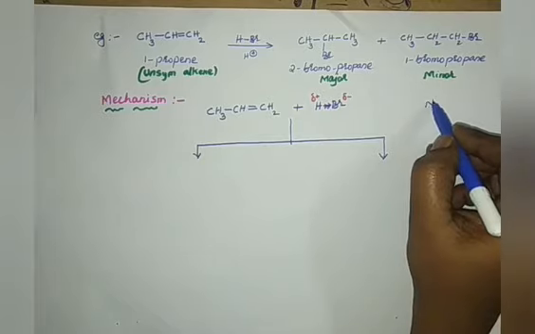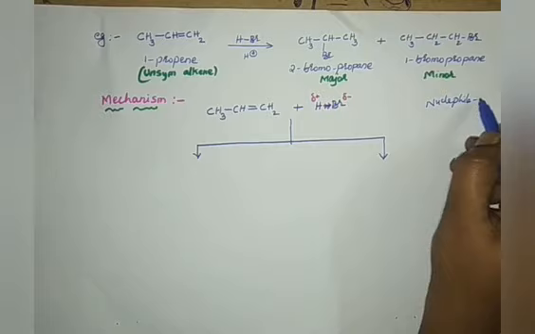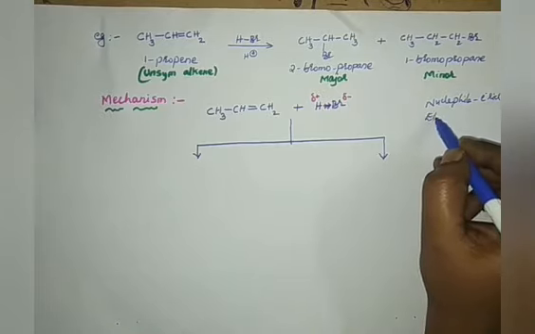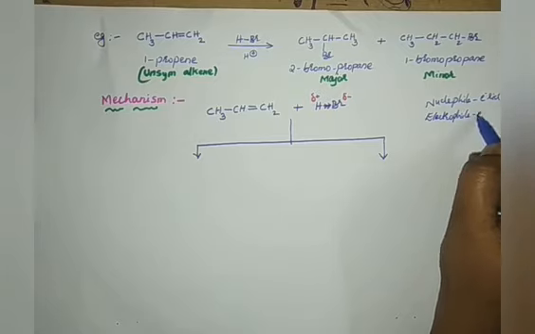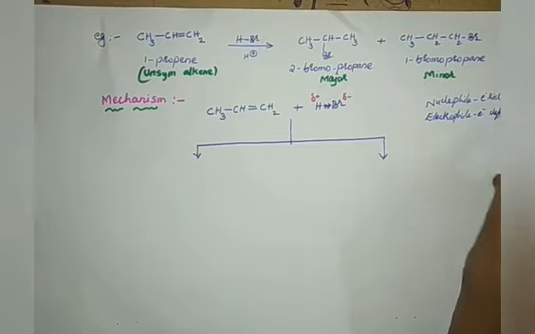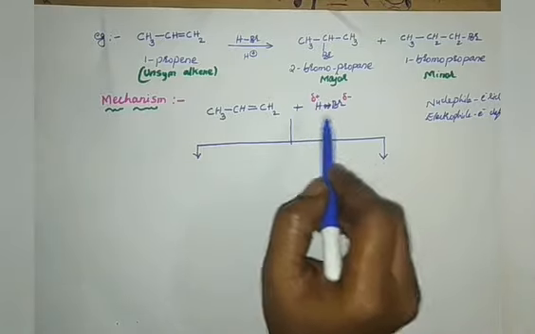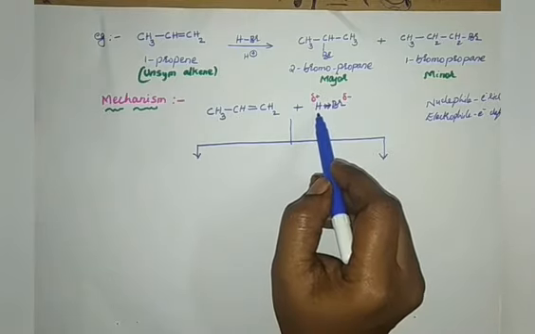Again I say, nucleophile means electron rich center. Electrophile means electron deficient center. So wherever you get the positive charge, that is the electrophile. Therefore here H plus will be the electrophile.